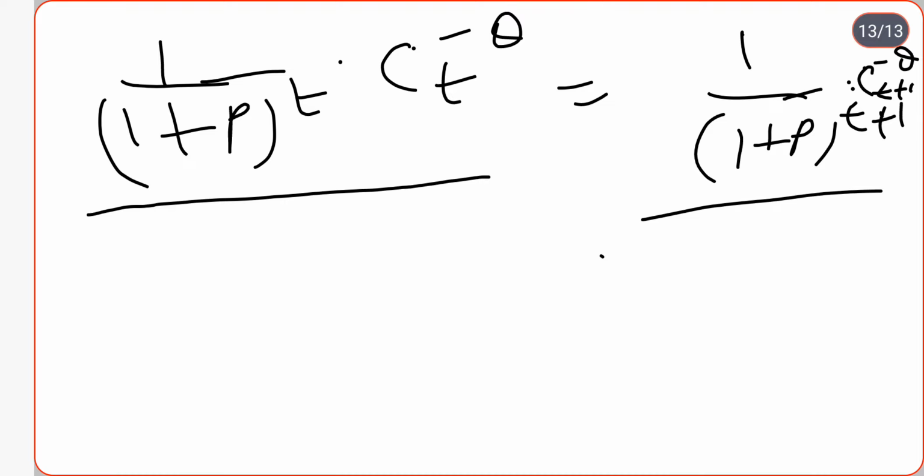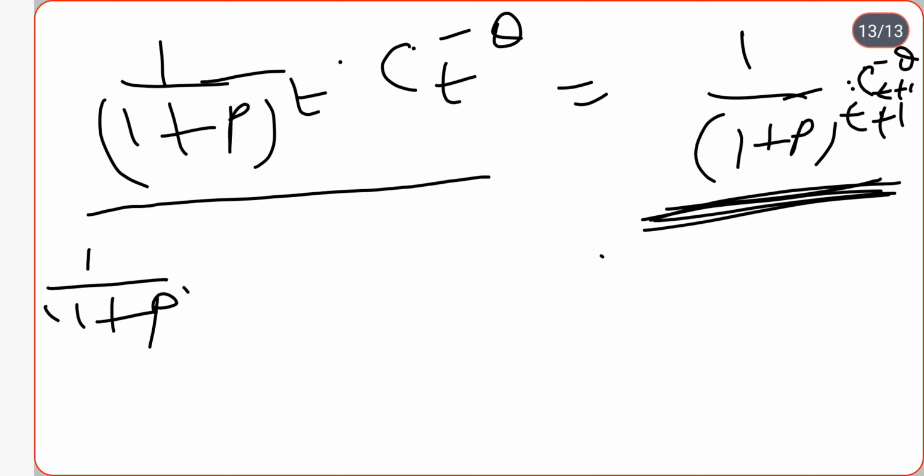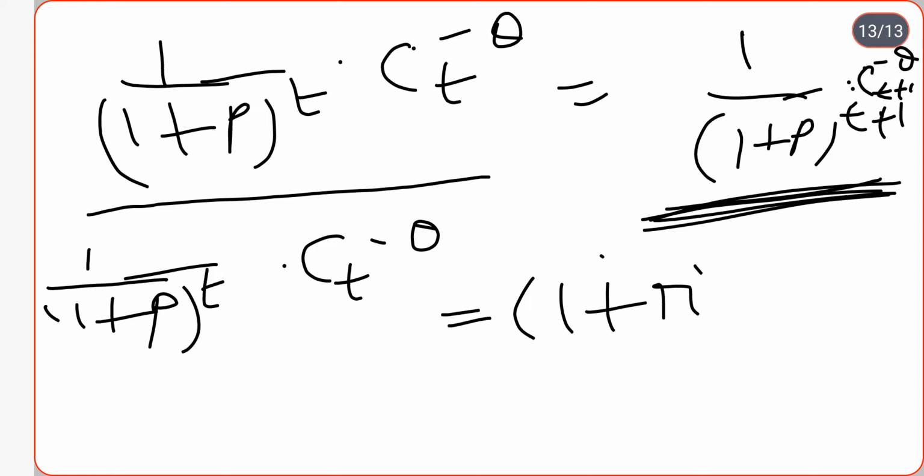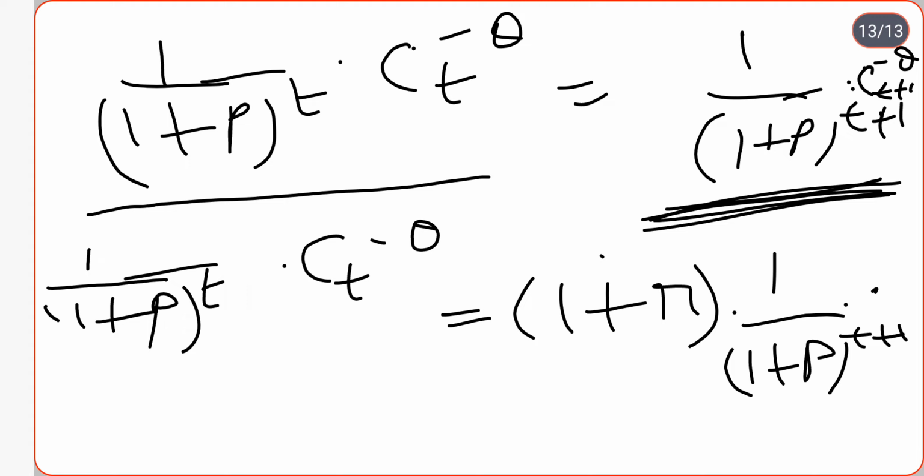So the t plus 1 period consumption is supposed to be discounted. T period consumption will remain the same, but the next period, that is t plus 1 period consumption, is supposed to be discounted by 1 plus r, and we have to multiply by 1 plus r to give a discount to the t period consumption. So this has now become this. We have just multiplied it by 1 plus r to give it a discount.